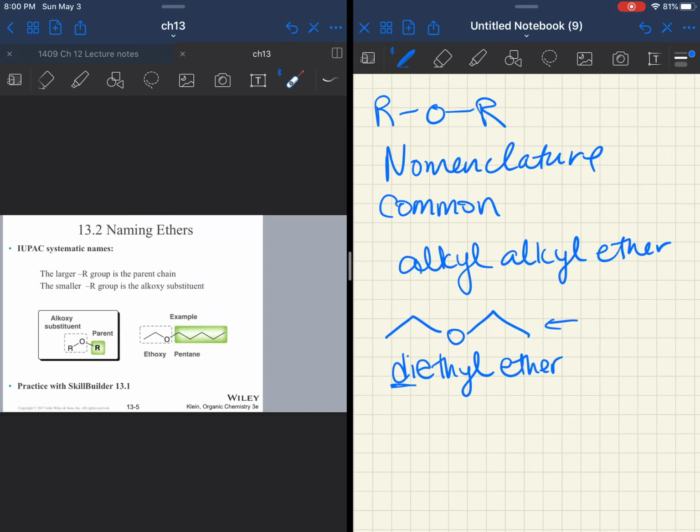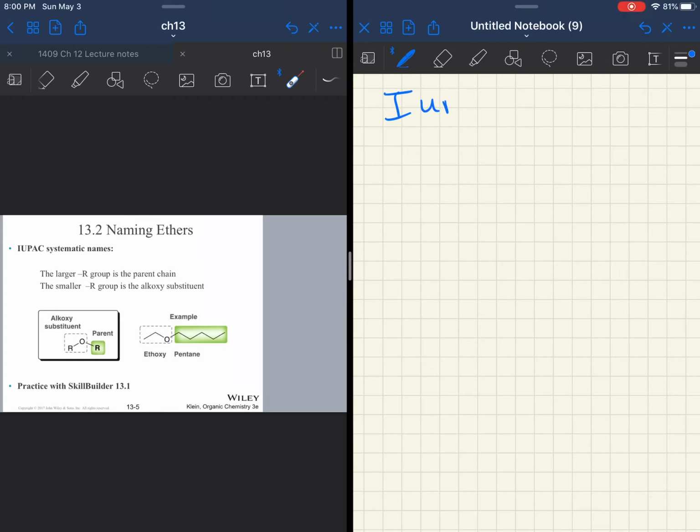And then you can see the limitations of that if you have more complex R groups. Ethers are actually very low on the priority list. So if you're not using the common name, the IUPAC name, it does not actually change the parent. You're always going to treat the ether as a substituent, so you're going to choose the more complex side to be the parent.